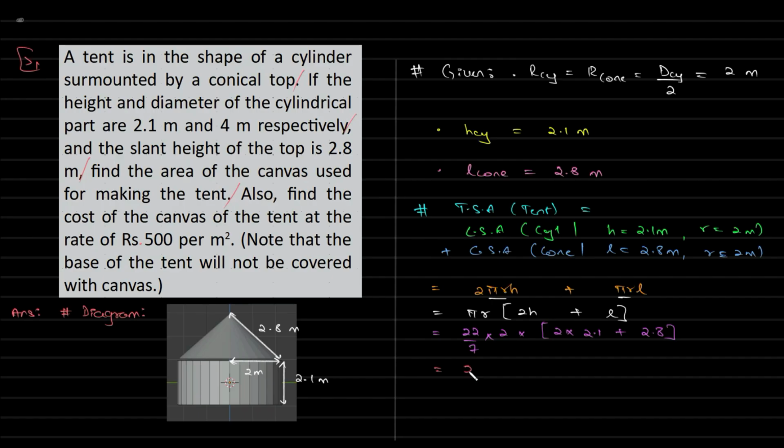So this is 22 by 7 into 2 into 4.2 plus 2.8. 3 plus 4 is 7. 7 gets cancelled. Super, right? I mean, it's so nice to cancel things like that. This is 44 meter square.